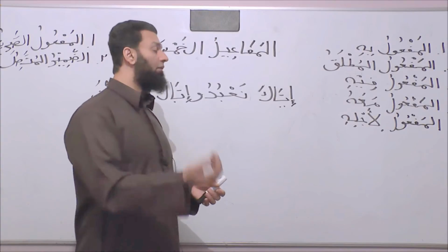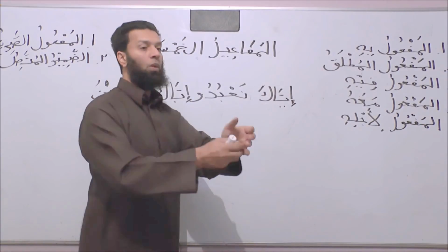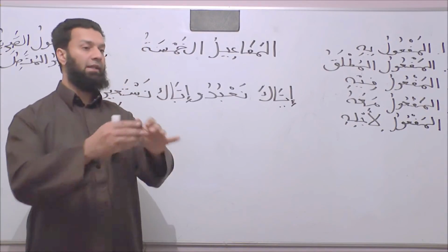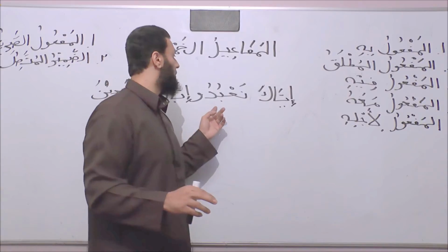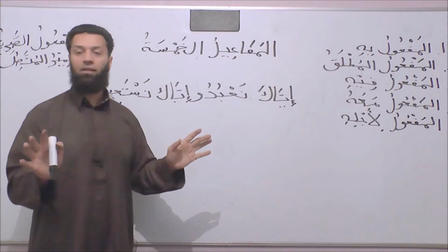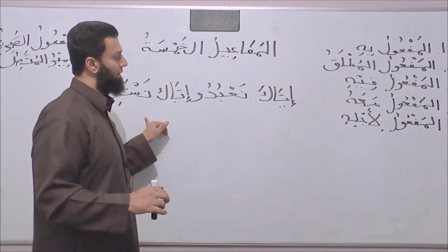And the reason for that is tawkid wal-hasr. It's for the purpose of emphasis and restricting the matter, meaning only you, to the exclusion of all others, Allah Azza wa Jalla, na'budu, do we worship, and only you, to the exclusion of all others, nasta'in, do we seek assistance.